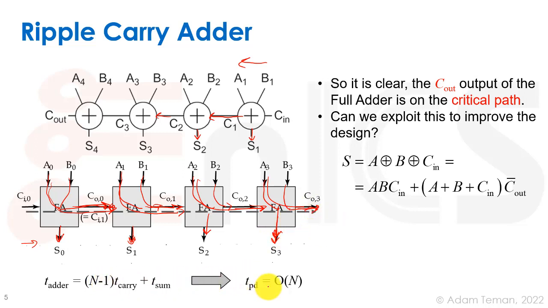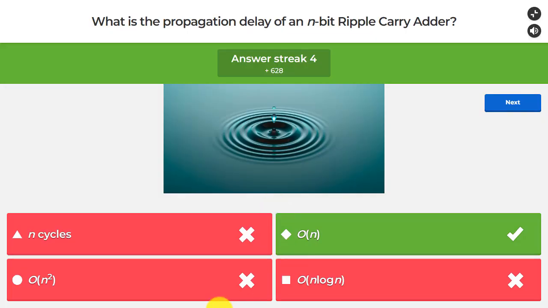That means it's going to be O of n. If we have n bits, it takes n stages to calculate that. Therefore it's a really slow type of addition, since it ripples the carry through our whole line. So the answer, of course, is O of n.